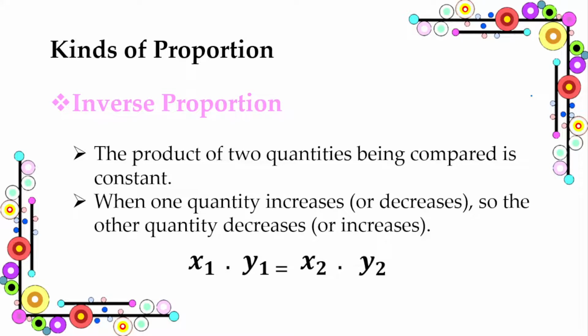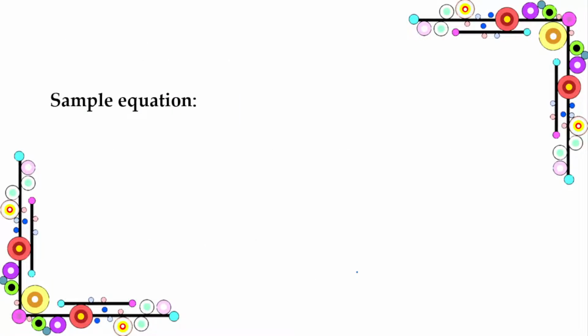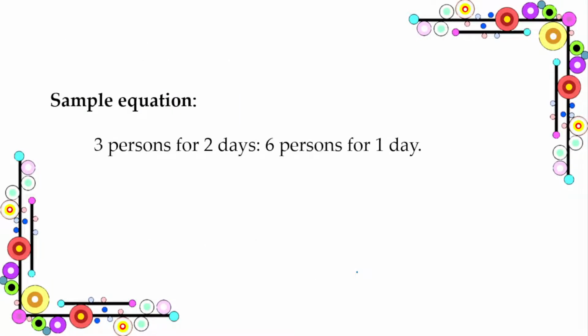Okay? So let's move on to the second kinds of proportion, which is the inverse proportion. Okay? So when we say inverse, the product of two quantities being compared is constant. So when one quantity increases or decreases, the other quantity decreases or increases. So we have x sub 1 times y sub 1 equals x sub 2 times y sub 2. Okay? So let's have sample equation. 3 persons for 2 days is to 6 persons for 1 day.